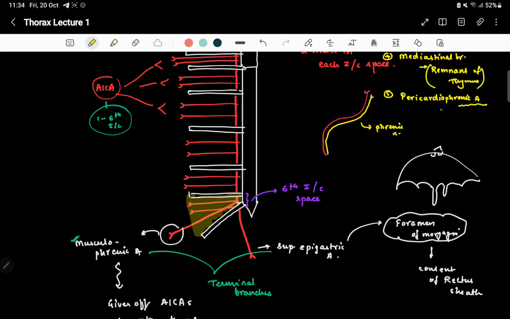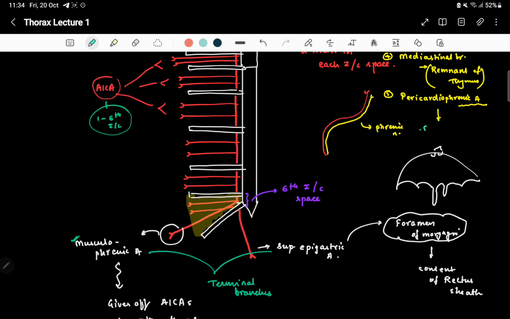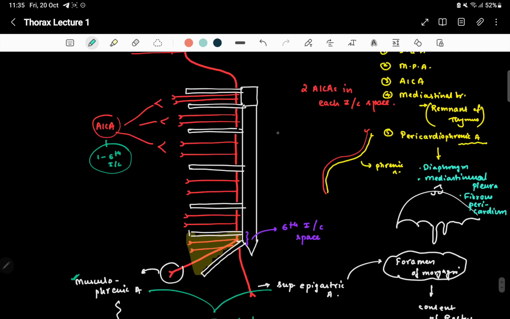It supplies your diaphragm, your mediastinal pleura, and your fibrous pericardium.